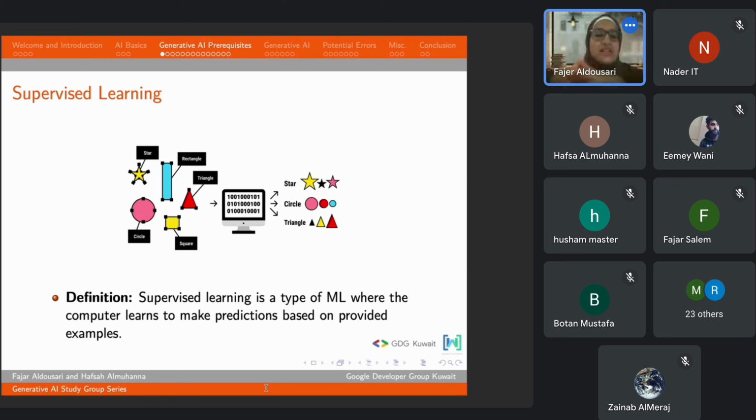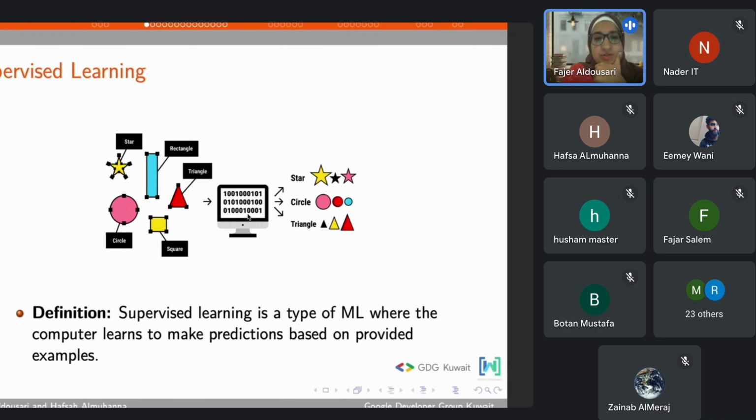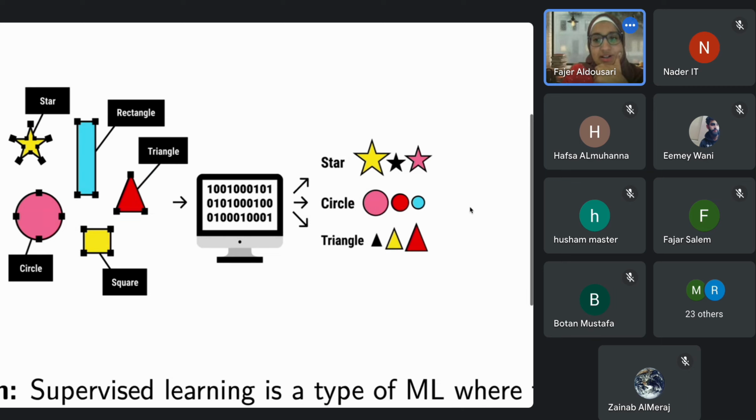In this scenario, when we input the labeled data, the machine learning system is able to, when supplied with a shape of a star that, if you notice, is not the same as the star we actually provided to the algorithm, recognize it.